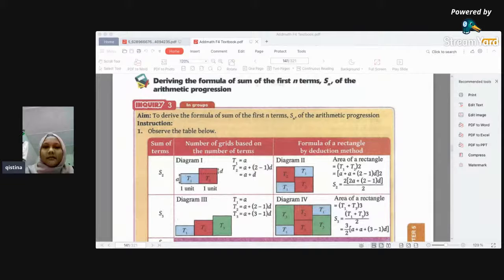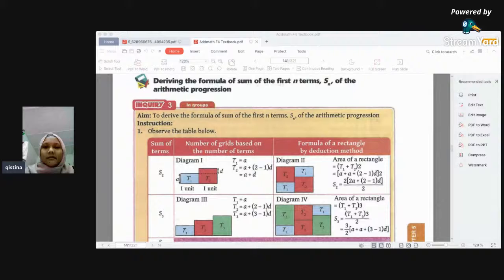The first one is labeled as T1. The second one is T2, which is d higher than T1. We can also say that d is the common difference. T1 can also be called the first term. So the information that we can obtain from diagram 1 is the value of the terms. T1 equals a, T2 equals a plus (2 minus 1)d.